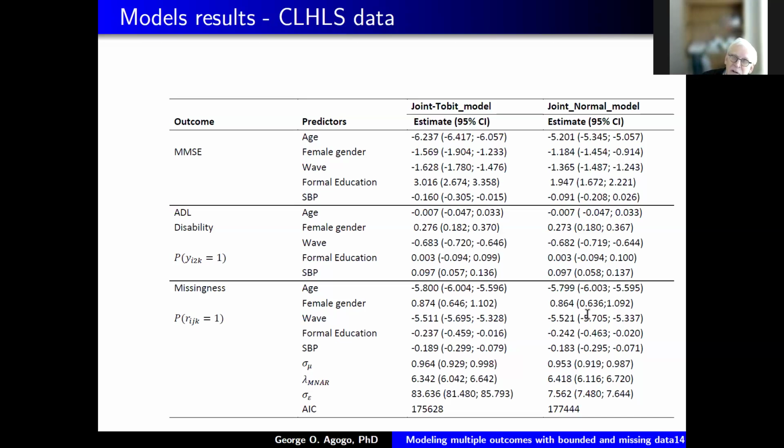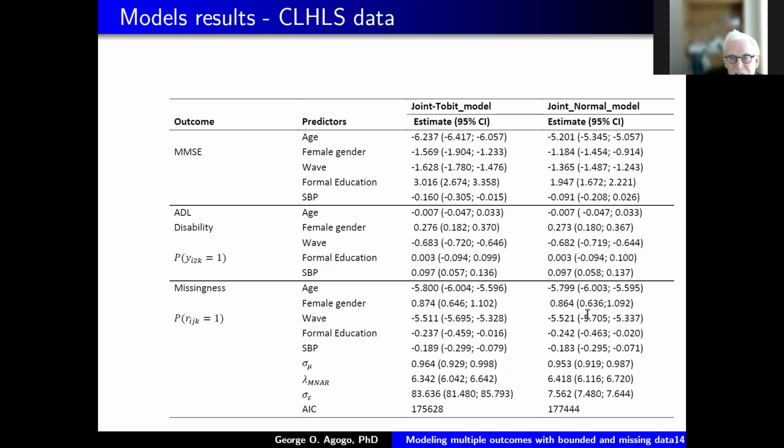I wanted to hear your perspective on the other thing we often teach about missing not at random, which is that you have to clearly understand the mechanism of the missingness. Missing not at random is often conceptually thought of as the reason they're missing the value is because it's related to the value that they would have reported.